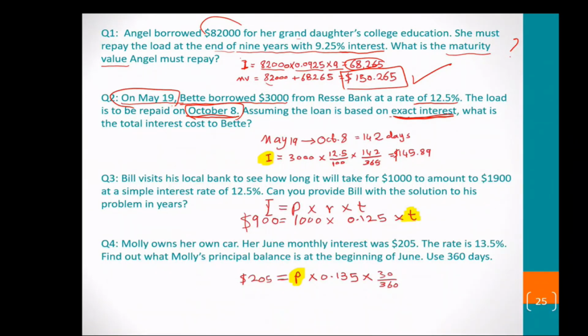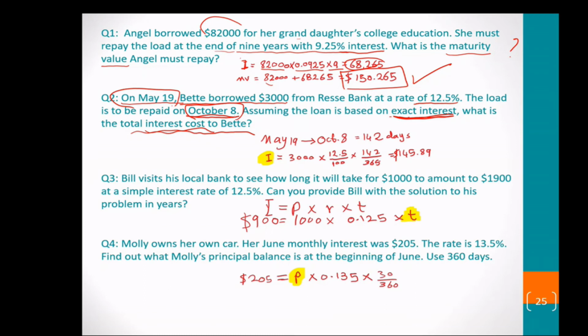What is the total interest cost? It just asks for total interest, not maturity value. If you find a question like this in the exam that asks just for interest, just calculate interest, full stop. If it asks for maturity value, you have to add interest plus principal.